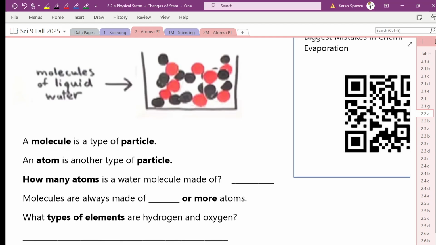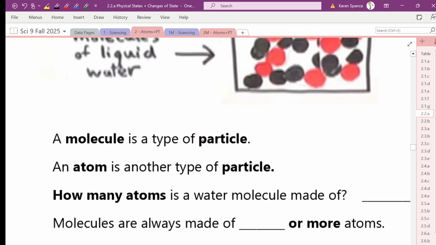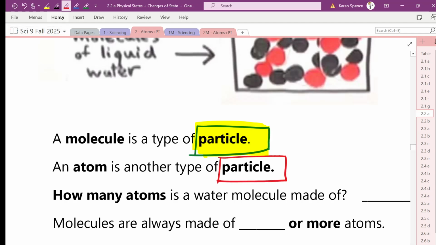A molecule is a type of particle. Particle is a word that we're going to start using a lot for this unit and all the rest of chemistry, quite frankly. Okay, a molecule is a particle. Another type of particle is an atom. Yeah, an atom is another type of particle.